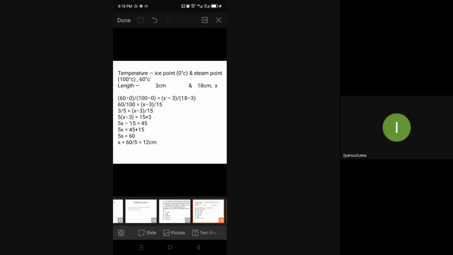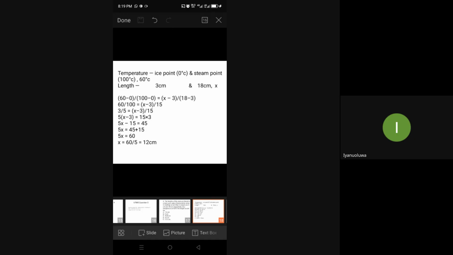The second temperature, which is between 0 and 100, is 60. So that second temperature minus the lowest temperature, the ice point, over the steam point minus the ice point, is equal to the height at that second temperature, which I don't know and am asked to calculate, minus the height at the ice point, over the height at the steam point, 18, minus the height at the ice point.